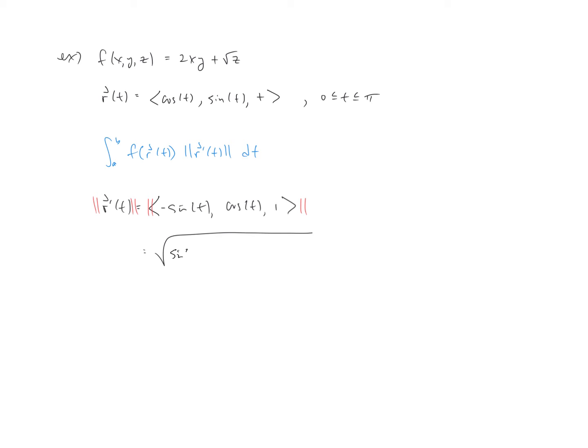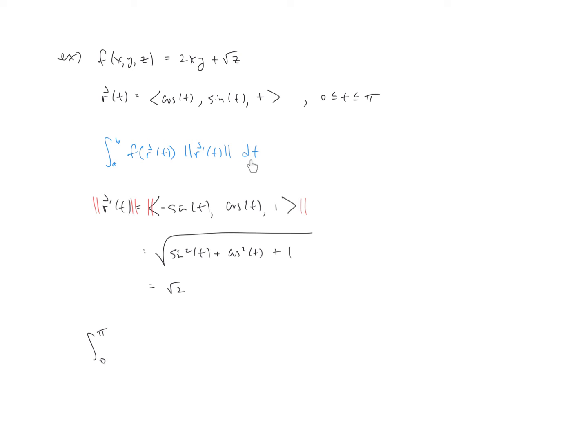So that'll be a sine squared of t plus cosine squared of t plus 1. We know that sine squared plus cosine squared is 1, so this whole thing just ends up being the square root of 2.